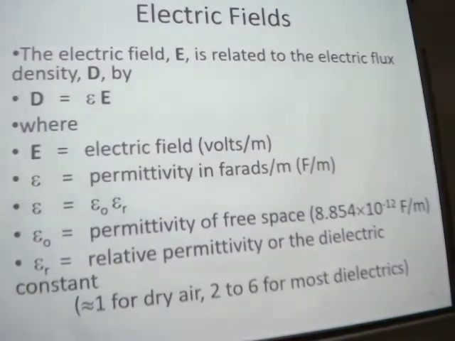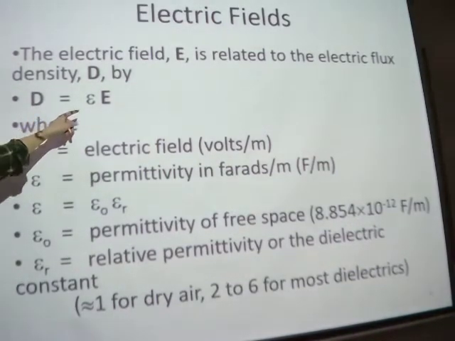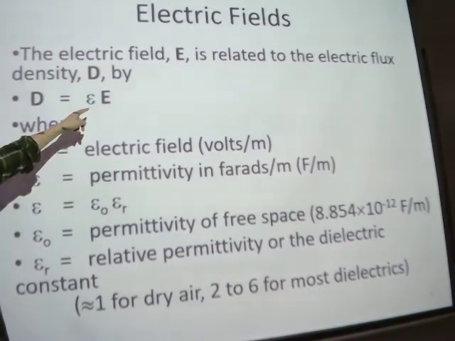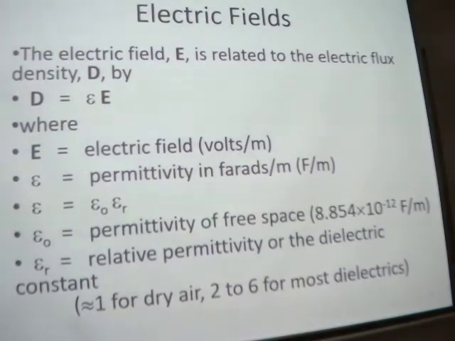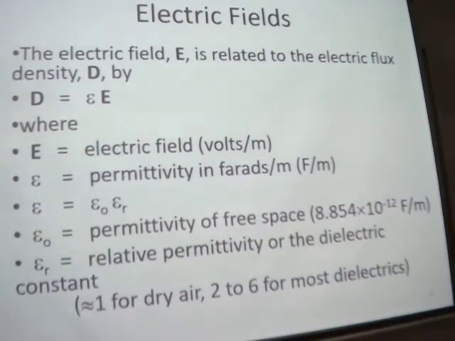So it's quite similar to the magnetic field. The electric flux density D refers to the small e. Have you remembered this from our previous lecture?